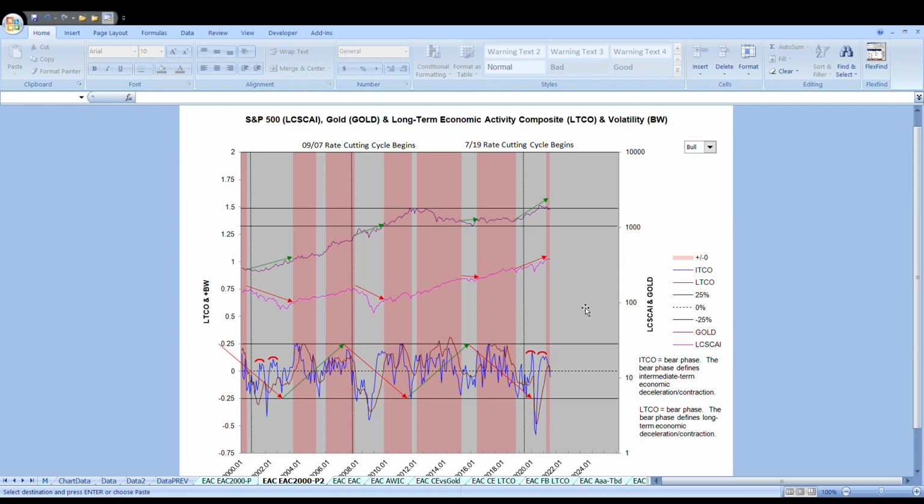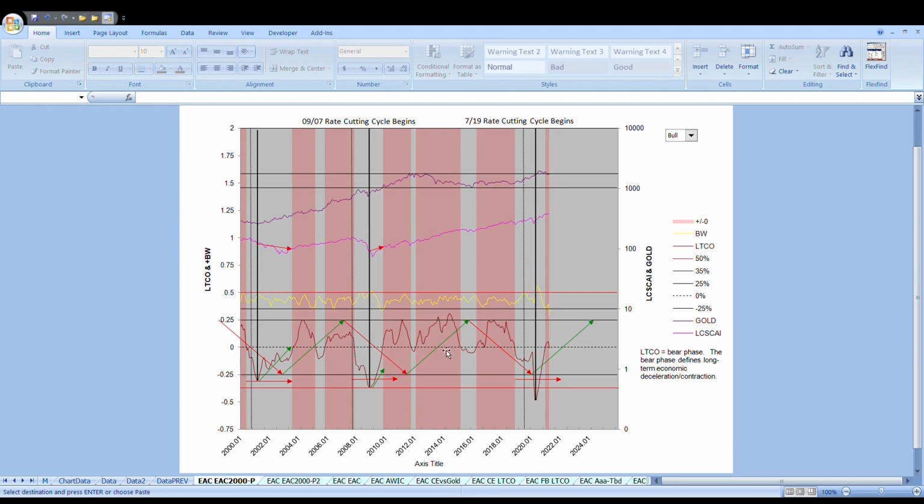Regardless of whatever the conversations for the labor report are, the EAC is telling us that this expansion is relatively weak, and we have to be careful that it doesn't hold up too well.